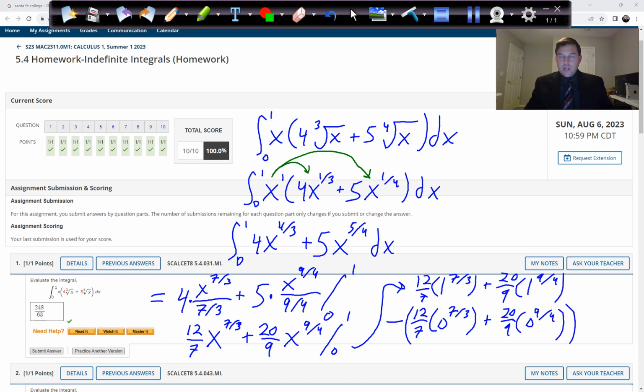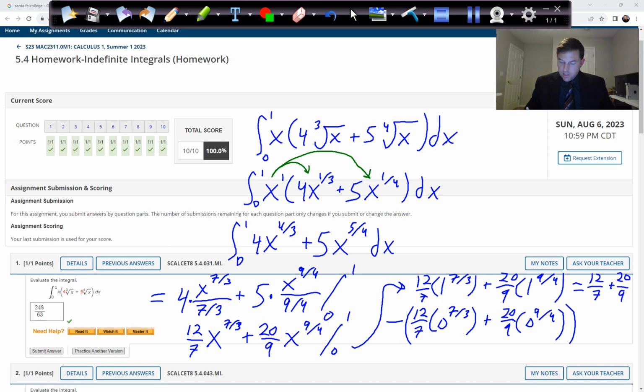And that's being subtracted. But 0 to any power is 0, and then 0 times 12/7 is 0. This whole second term will be 0. So the only thing we need is the top term. And 1 to any power is 1. So this is just going to give us 12/7 plus 20/9.